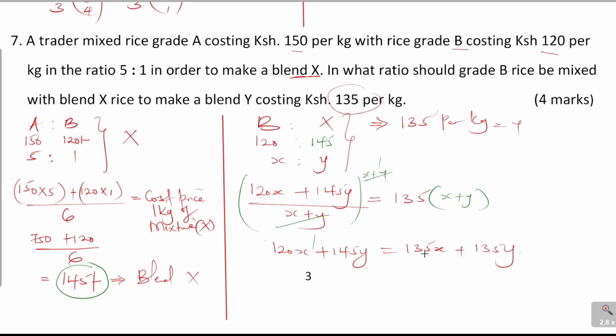There are several ways of doing this. I can group the like terms together: 145y minus 135y on the left, and 135x minus 120x on the right. So this will give 10y equals 15x.